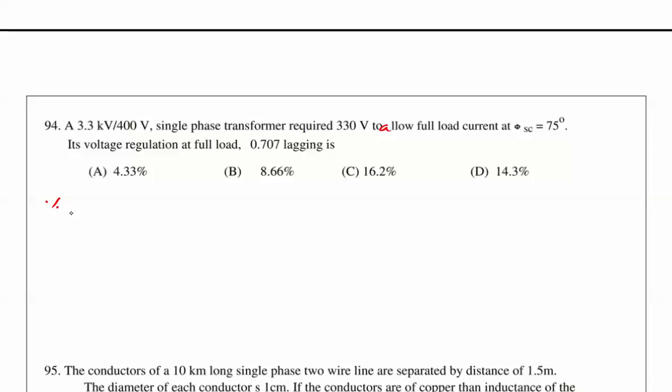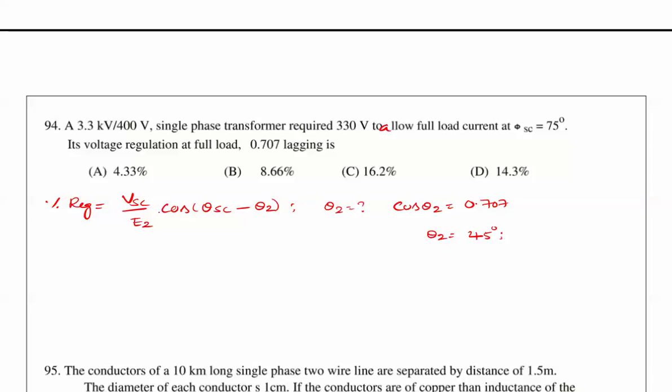So here the percentage regulation is equal to VSE divided by E2 into cos of (theta SE minus theta 2). Theta SE is already given and we need theta 2, which is unknown here. We can find this from the given data. So cos theta 2 is equal to 0.707, so theta 2 is equal to 45 degrees.